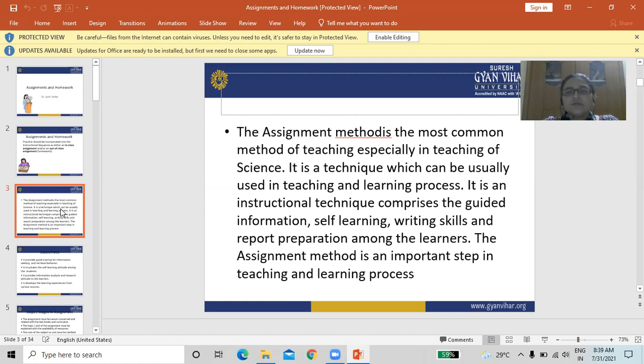It is an instructional technique that comprises guided information, self-learning, writing skills, and report preparation among the learners.